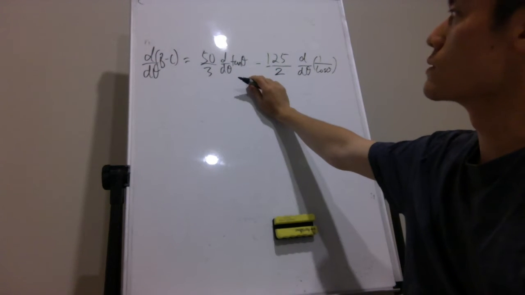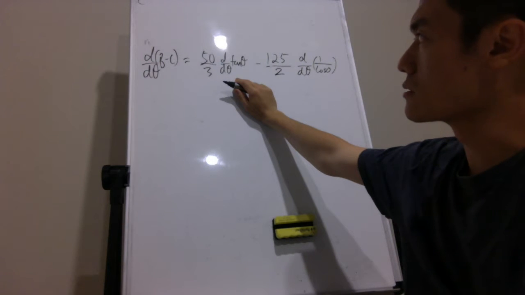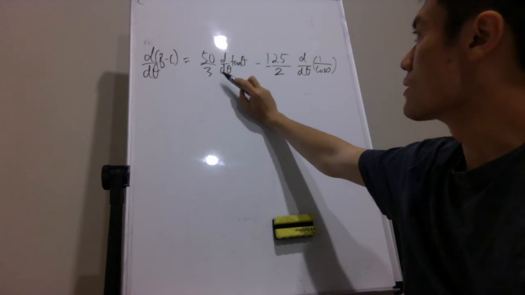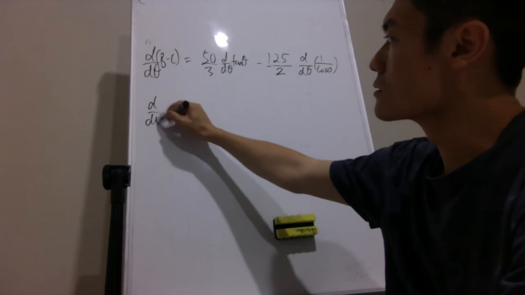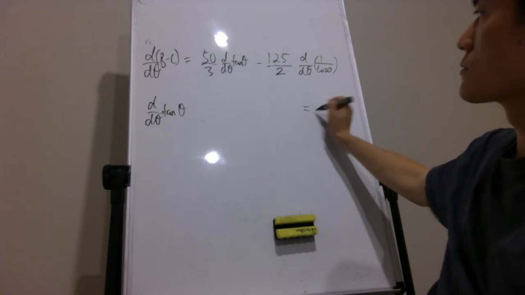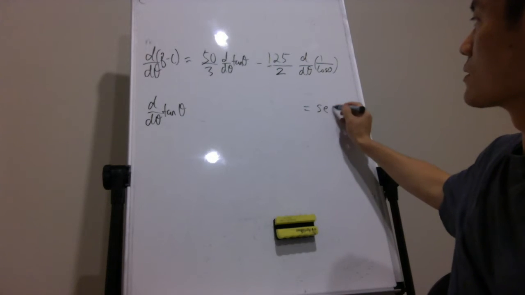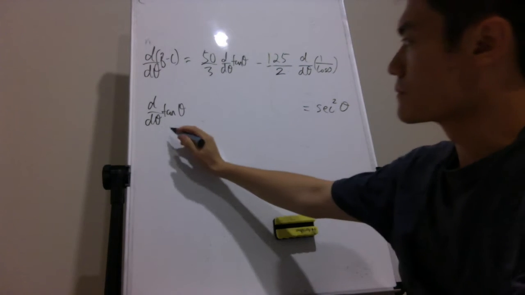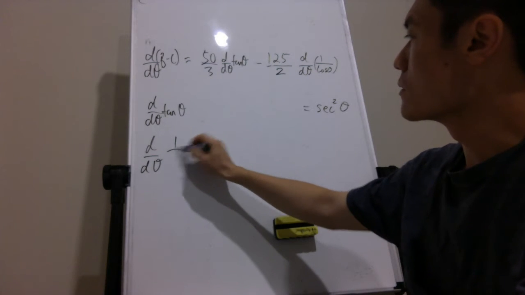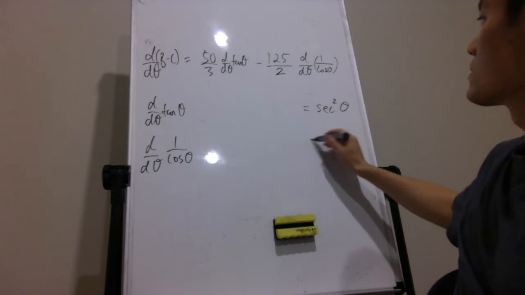So, we said the problem reduces to this routine differentiation kind of problem. And so we need to differentiate tan theta, okay? A lot of the people going into the exam will know that the answer is sec squared theta, and one on cos theta, which is sec theta, and I think it should be sec theta tan theta.